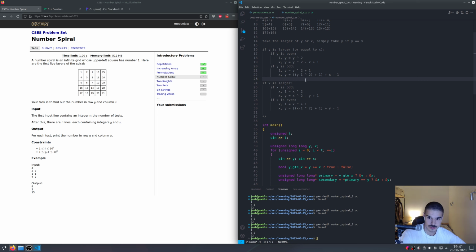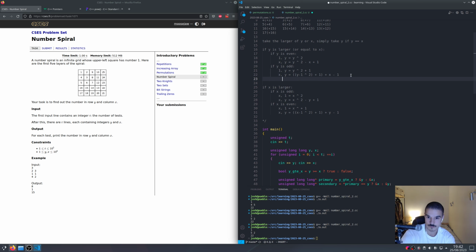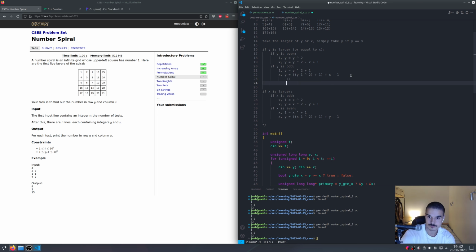If we were to plug 5, 2 into here, it would be something like 5 minus 1 squared plus 1 plus x minus 1.